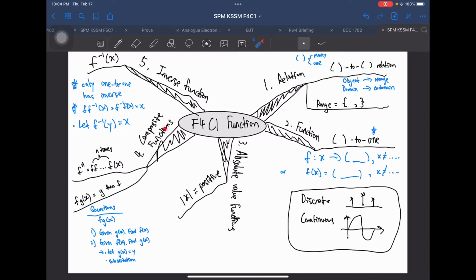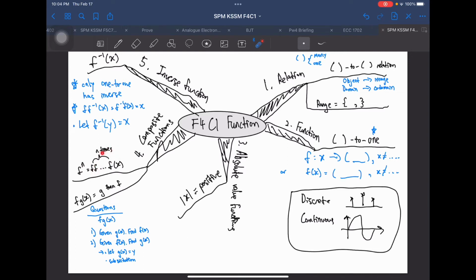Okay, and then what are composite functions? The basic of composite functions is if you have x and then you map x using a function f n times, it will be mapping it n times.